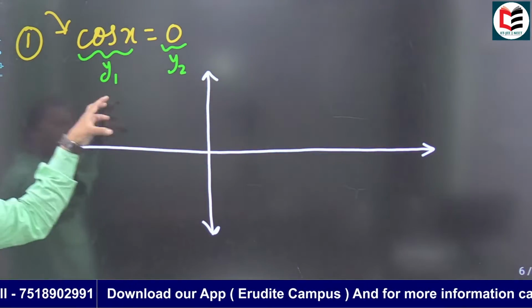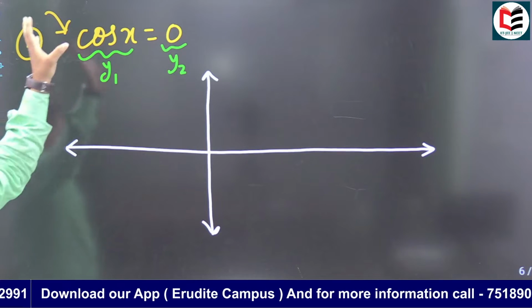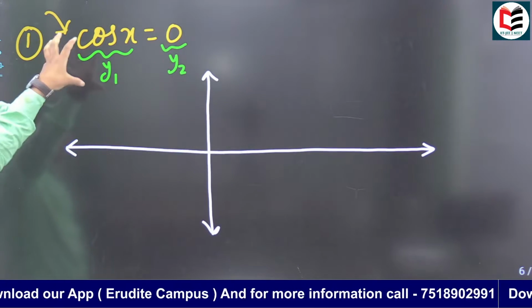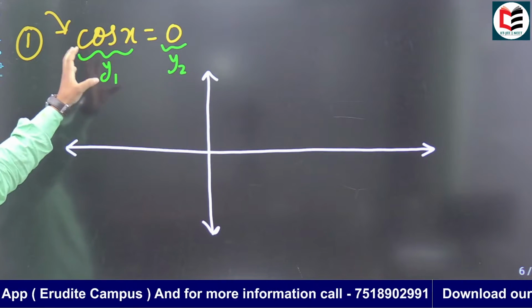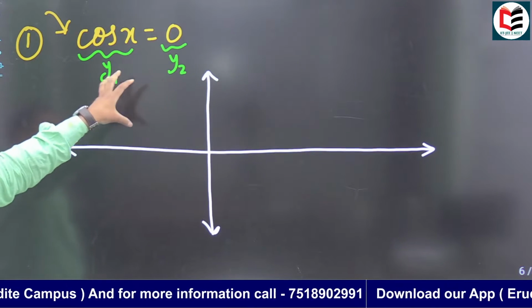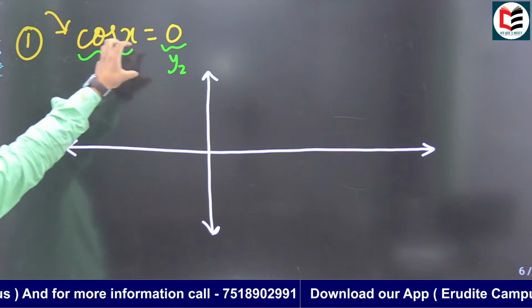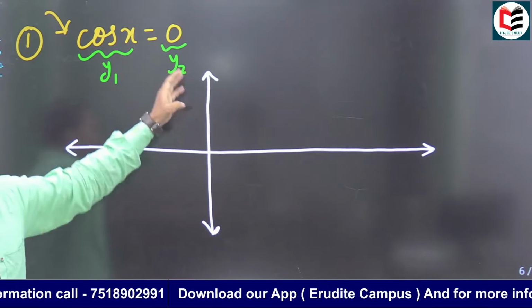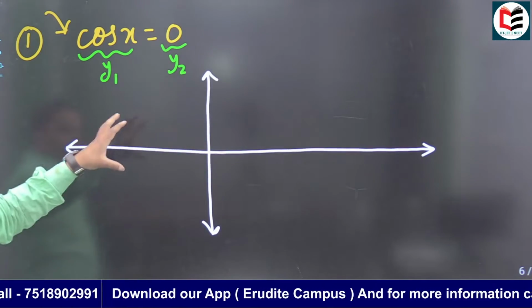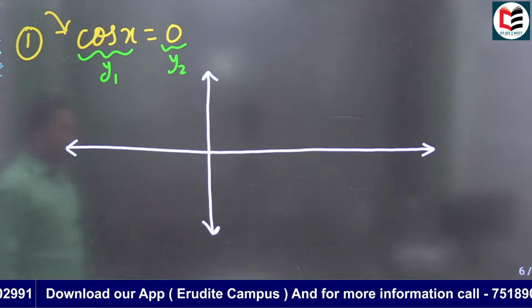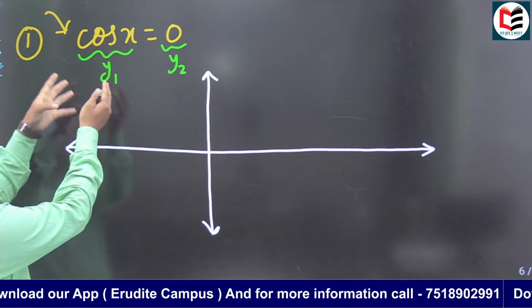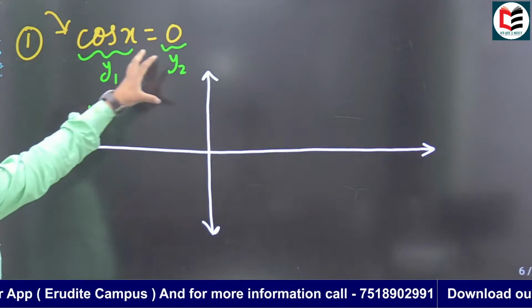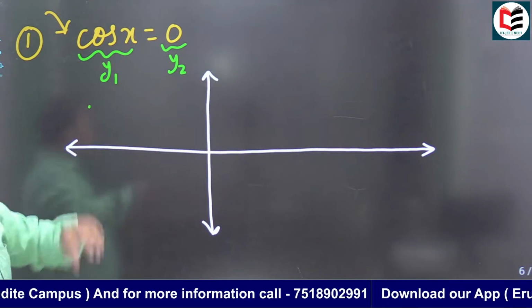We are comparing two sets of values, y1 and y2, and we are looking for the set of values where the values of function 1 and function 2 are equal.